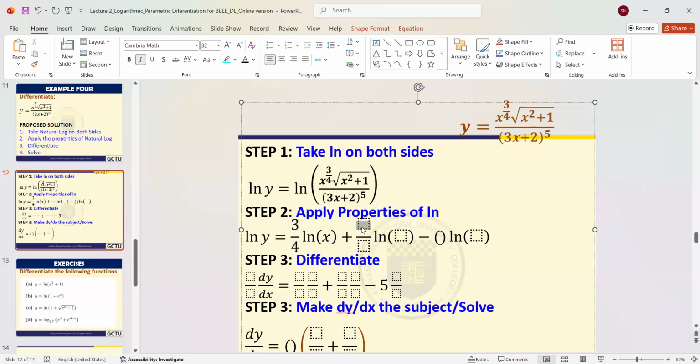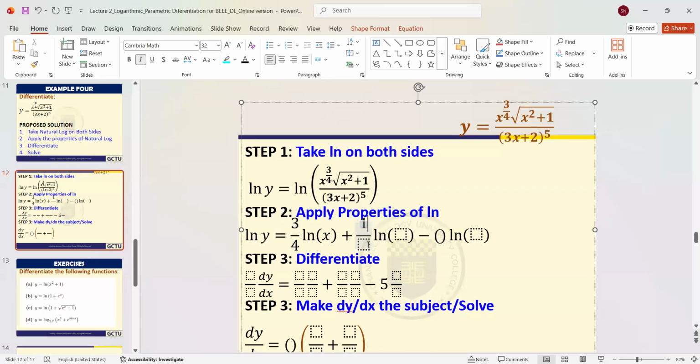And then here, I'm going to have 1 over 2, because the square root is 1 divided by 2, and then in the bracket here, x squared plus 1. Now the denominator, we know the power 5 is here, so 5 multiplies the terms, and then in the bracket, I'm going to have 3x plus 2.